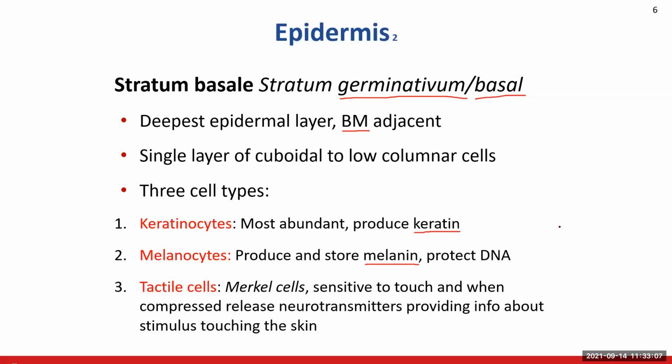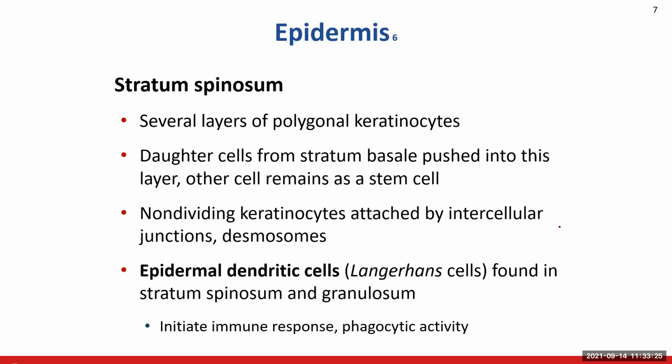Now, when these cells are touched or compressed, they release a neurotransmitter, a chemical. And that neurotransmitter will stimulate these receptors that are nearby. They're sensory receptors. And then the sensory receptors will send that sensory input to your central nervous system, your control center. So the tactile or Merkel cells are going to send sensory input regarding touch to your central nervous system.